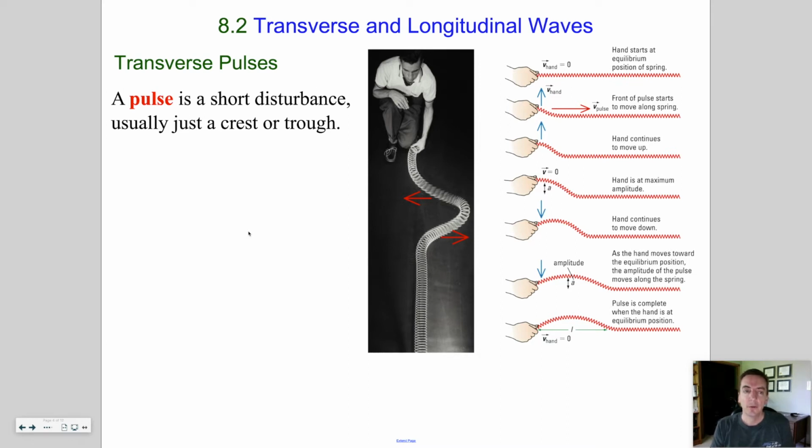So, transverse. A pulse is just a short disturbance, usually just a crest or a trough. Here's a picture from your book. It shows a person holding a slinky, moving his hand out to the left and then back to where it started. That's just one short disturbance, a little bump, which you call a pulse.